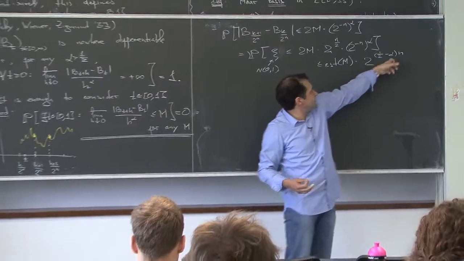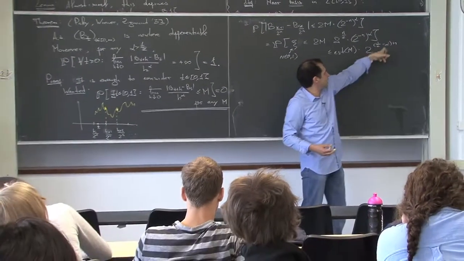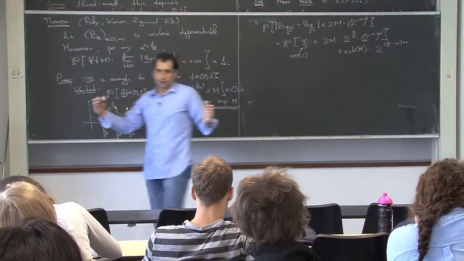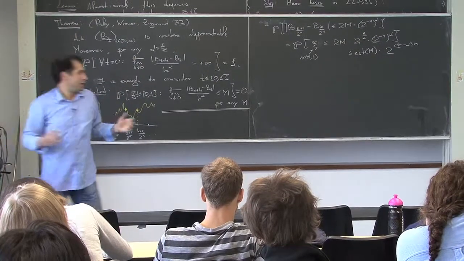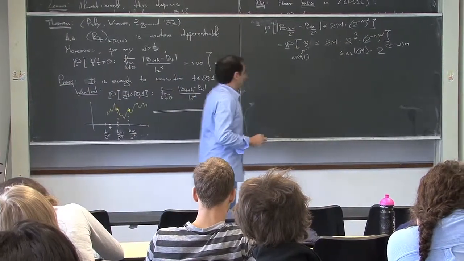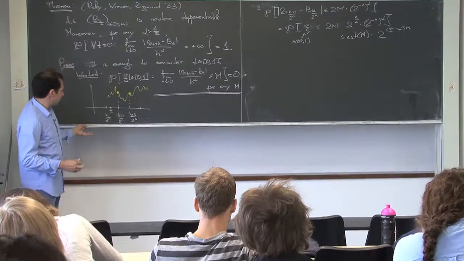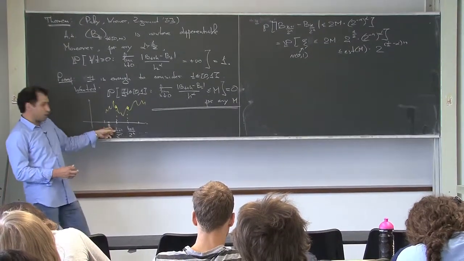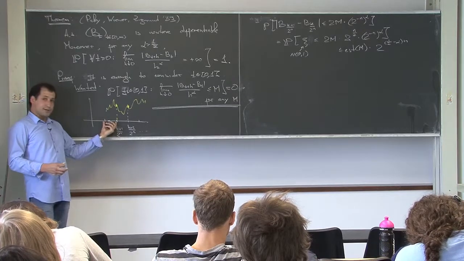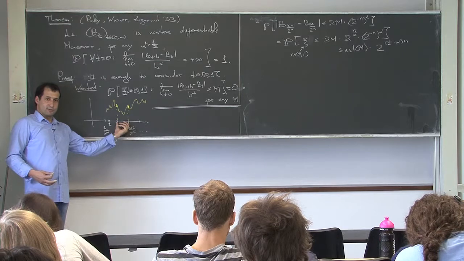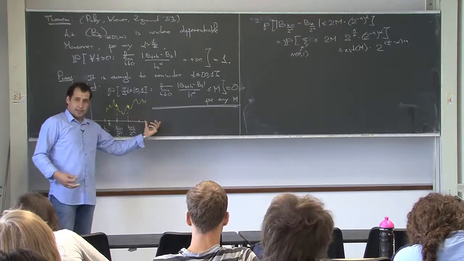Just because here, even if alpha is 1, I have only 2^{-n/2}, and I'm going to sum over 2^n events, right? So I have too many events. But one can easily fix it. And the recipe is as follows. If this point is good, then not only is this increment reasonably small, but also this increment is reasonably small, and the next one, etc.